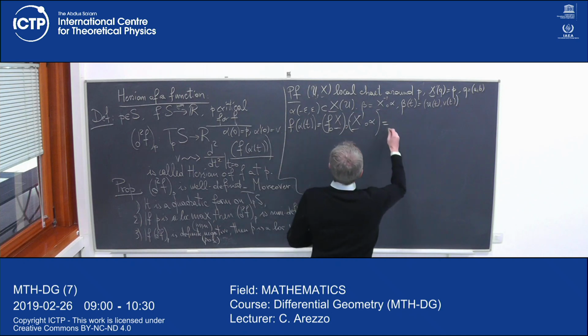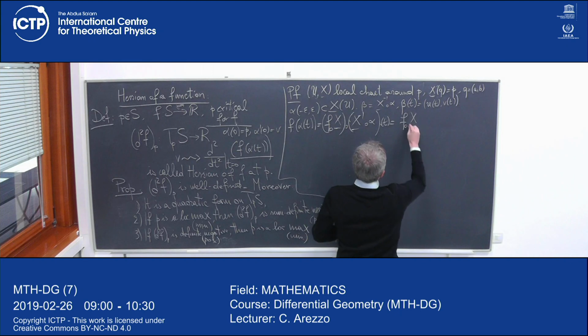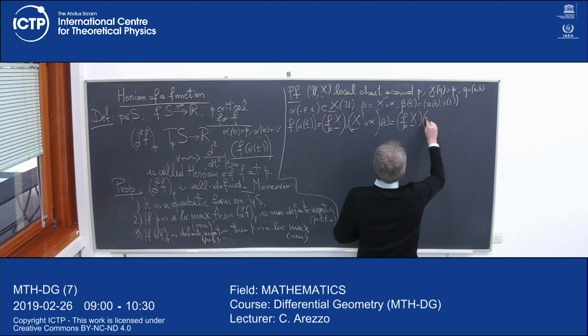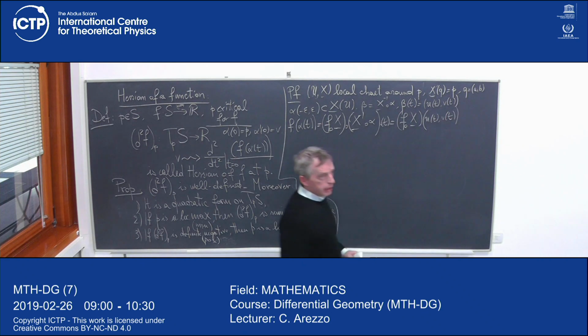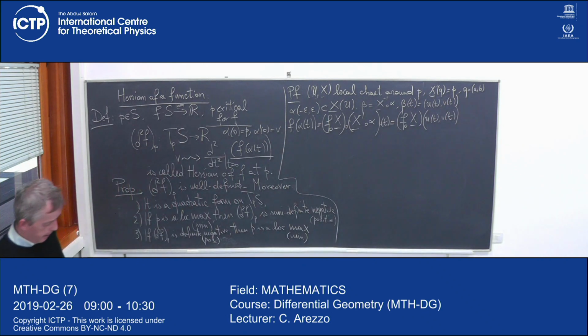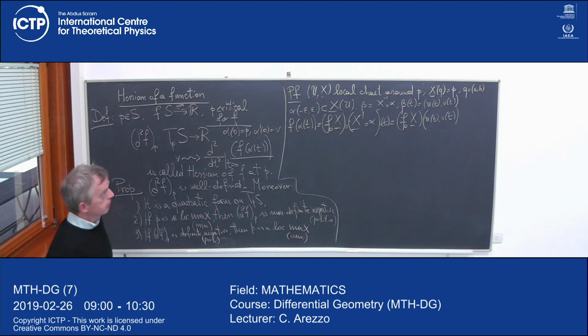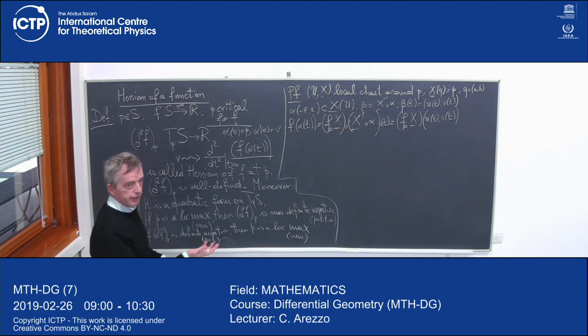So this is, of course, at the point t. So this is f composed x of u of t, v of t. I'm just keeping on writing. And now we have to do the second derivative of this expression.